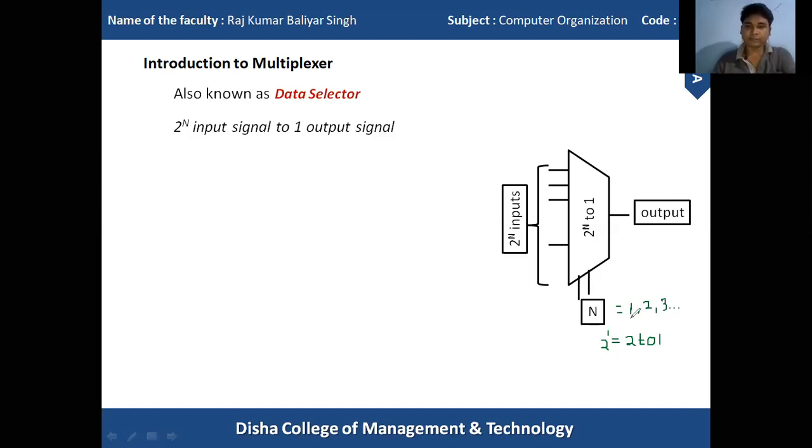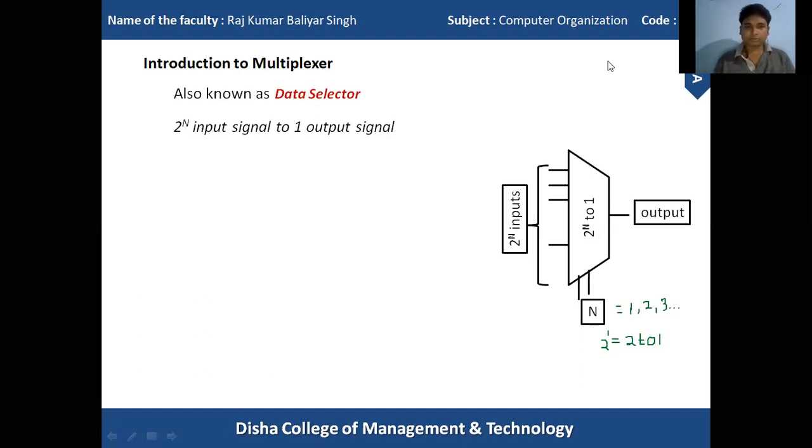Similarly, if n equals 2, then 2 to the 2 equals 4, so it is a 4 to 1 multiplexer. If n is 3, then 2 to the 3 equals 8, so it is an 8 to 1 multiplexer.